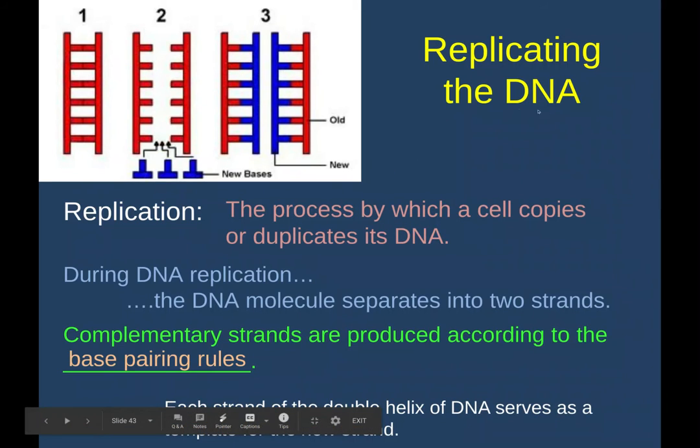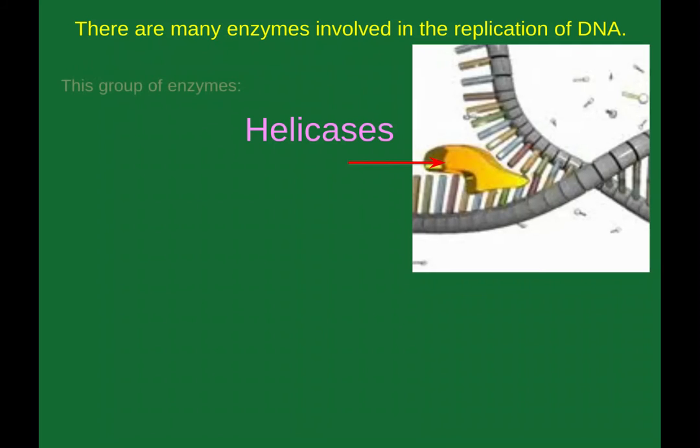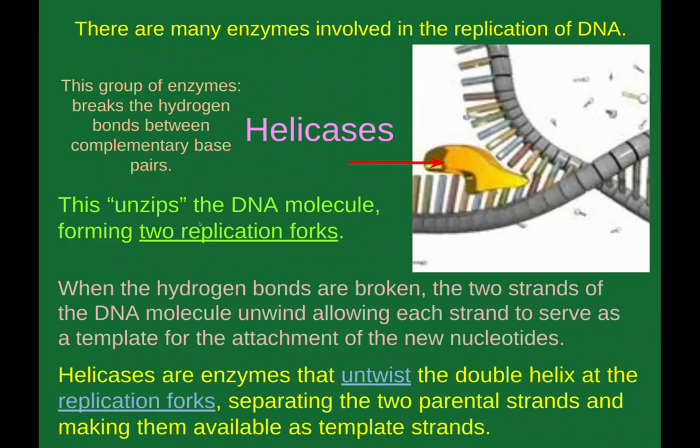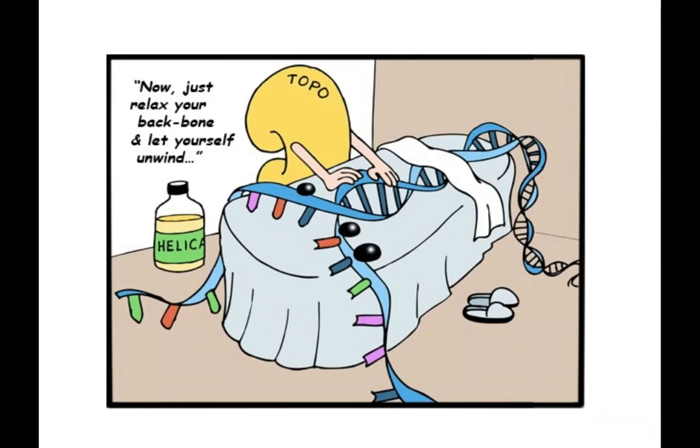We have to replicate the DNA as part of the process of sharing the information about what proteins to make. When that happens, first we have to use what's called helicase to unzip or split that original DNA to get the two that we're going to copy.